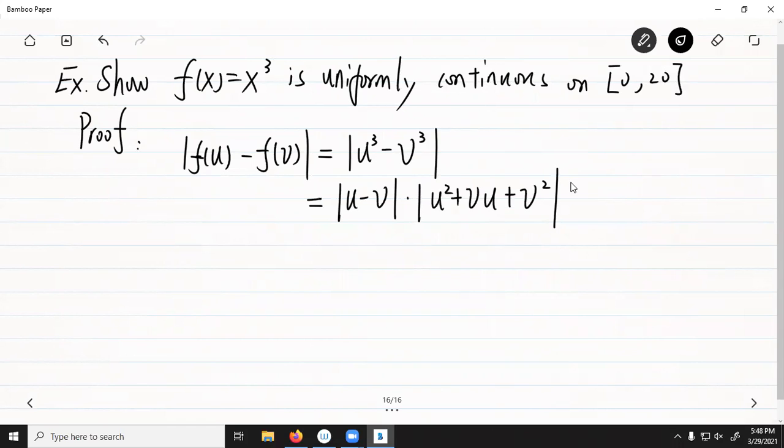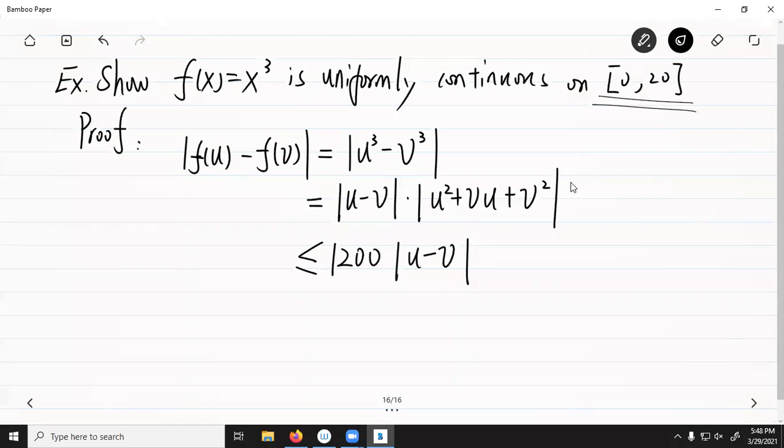So since this is on this interval, this term can take the largest value when u and v are equal to 20. So it's less than or equal to, if we plug in 20 for u and 20 for v and add together, 1,200. Now we want this to be less than epsilon.